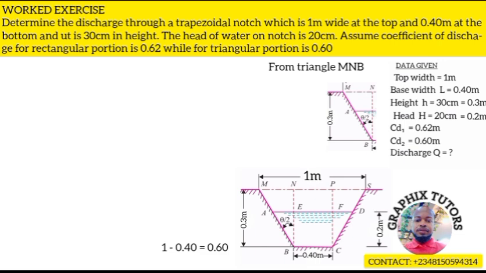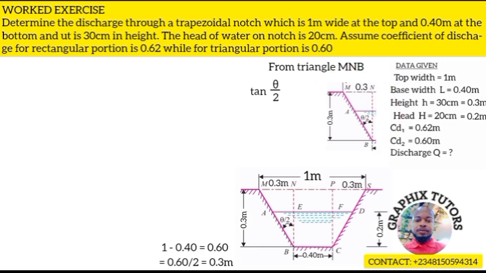And since we have two right angle triangles here, which are the same, I divide that 0.6 by 2, and I'll have 0.3. So it means that MN is 0.3 and PS is 0.3.